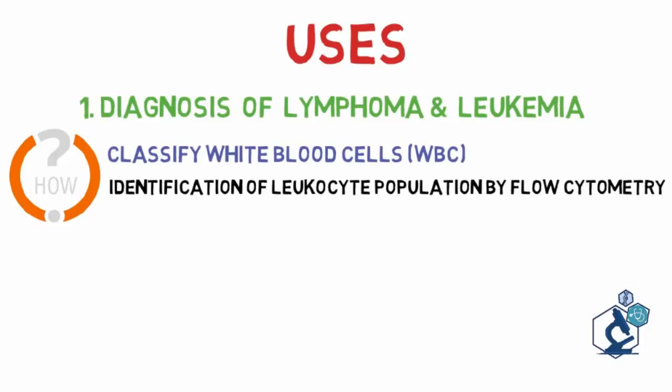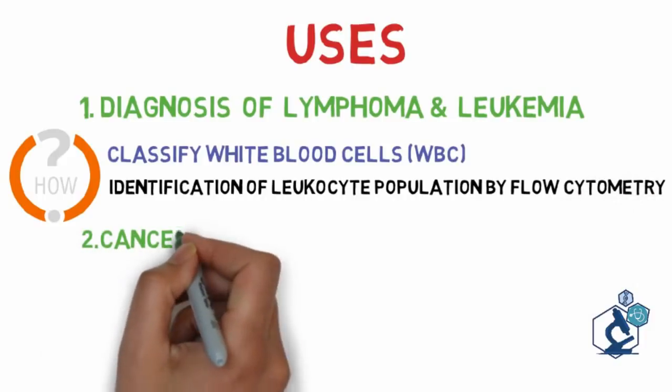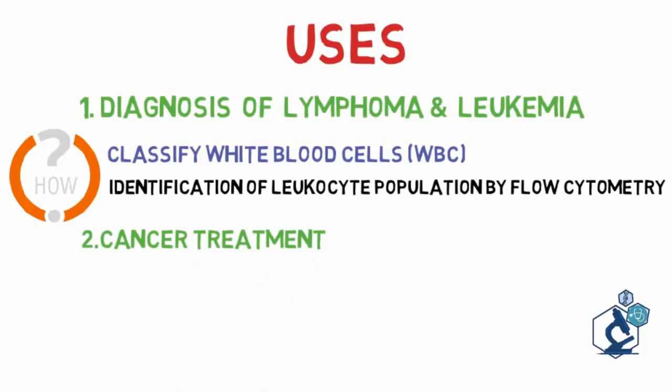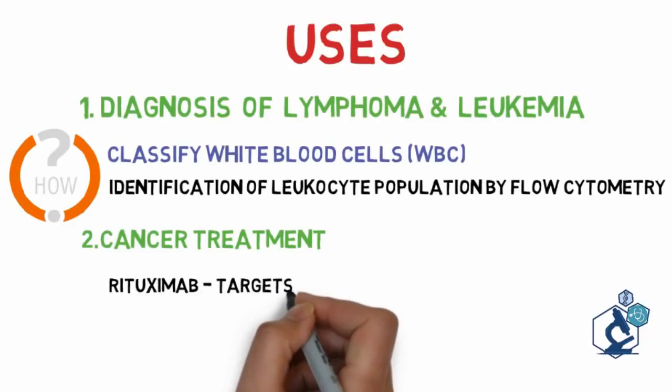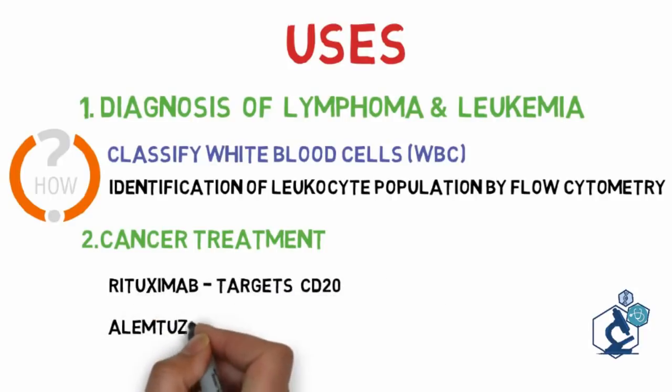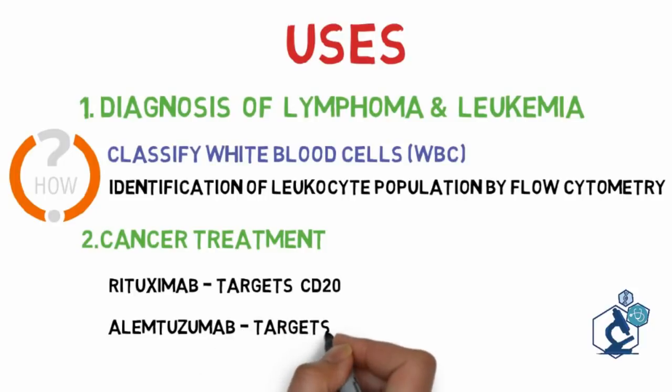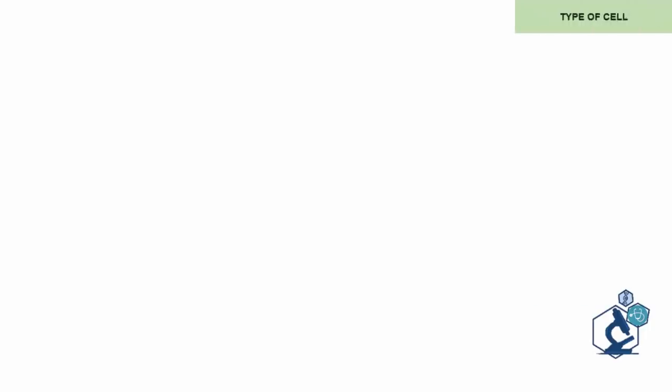In addition, CD markers have become significantly important for cancer treatment. Some therapeutic antibody drugs have been designed to target cells that have a particular CD marker. For example, rituximab against CD20 for lymphoma and leukemia treatment, and alemtuzumab against CD52 for chronic lymphocytic leukemia and T-cell lymphoma treatment.